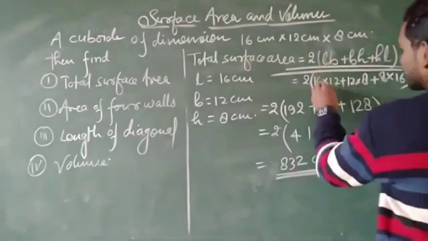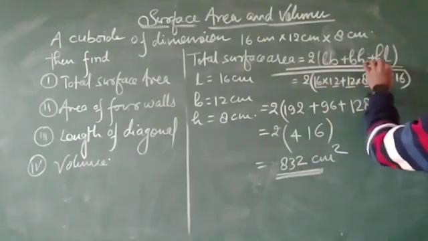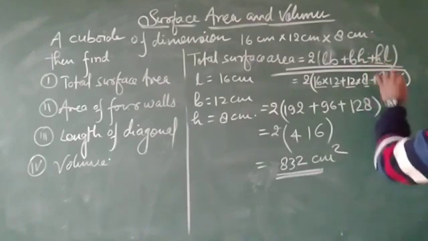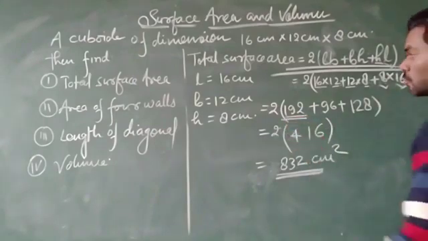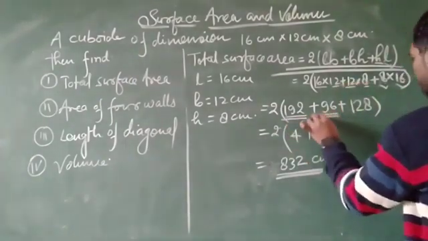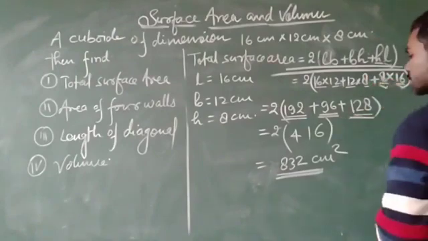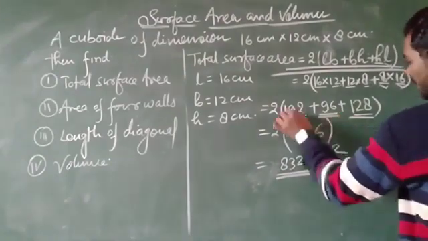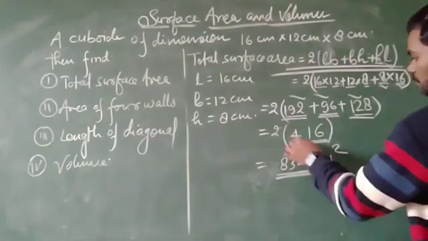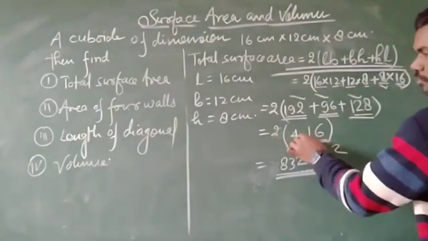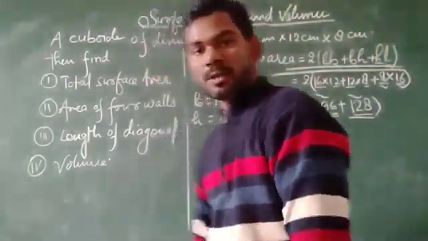The length is 16, width is 12, height is 8. 16 into 12 is 192, 12 into 8 is 96 and 16 into 8 is 128. Now add them. When we add, we get 416 as the sum of these three products. Multiplied by 2, we get 832, which is the required result. So I hope it is clear.